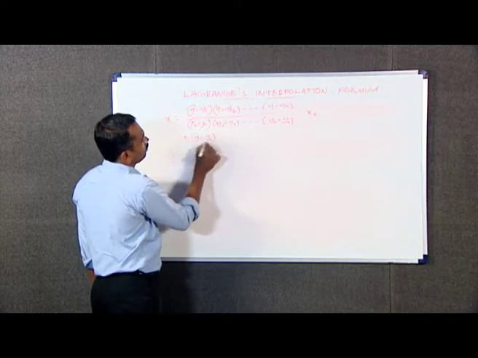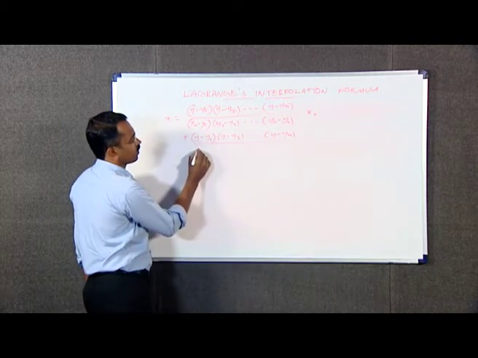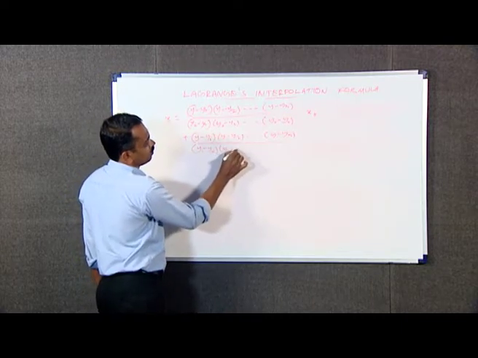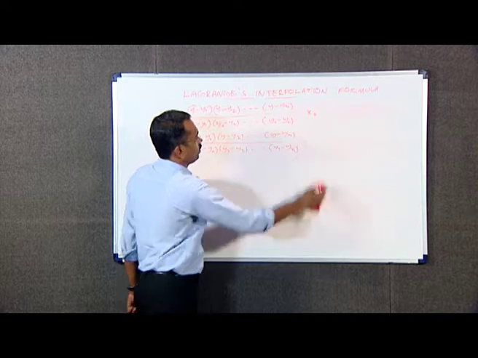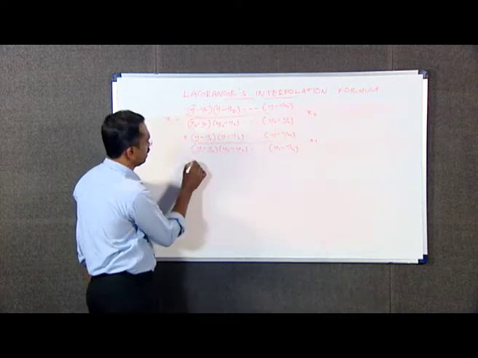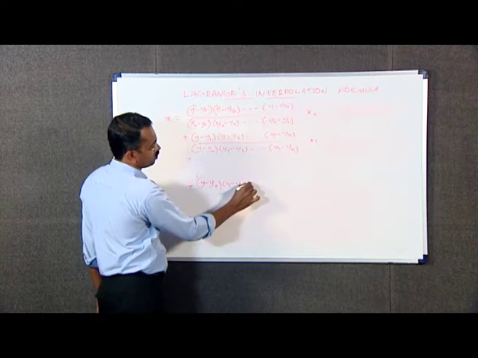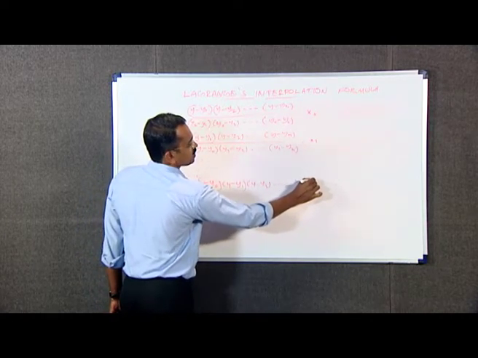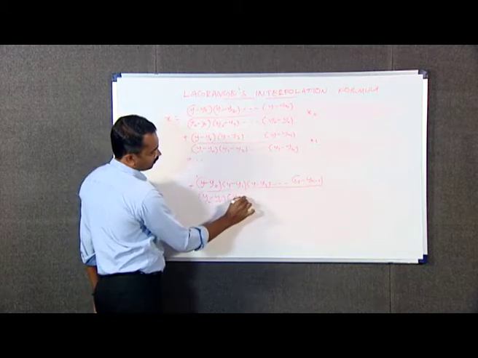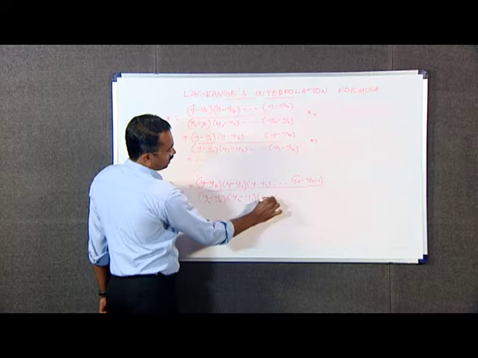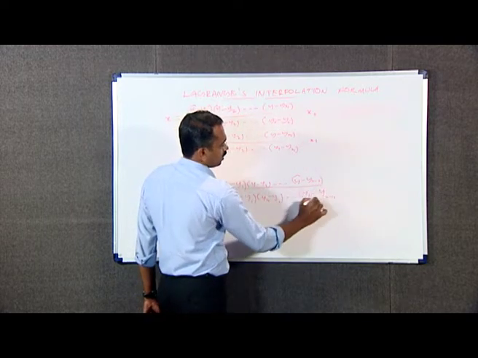y minus y naught into y minus y2 into etc. into y minus yn divided by y1 minus y naught into y1 minus y2 into etc. y1 minus yn into x1 plus etc. y minus y naught into y minus y1 into y minus y2 into etc. into y minus yn minus 1 divided by yn minus y naught into yn minus y1 into yn minus y2 into etc. yn minus yn minus 1 into xn.